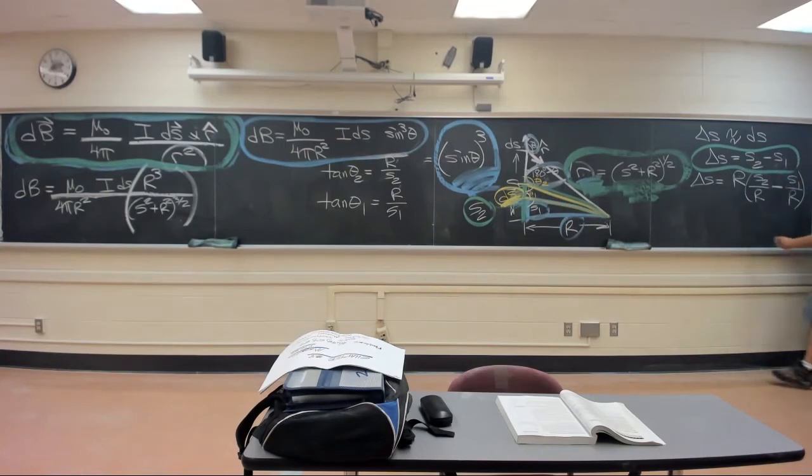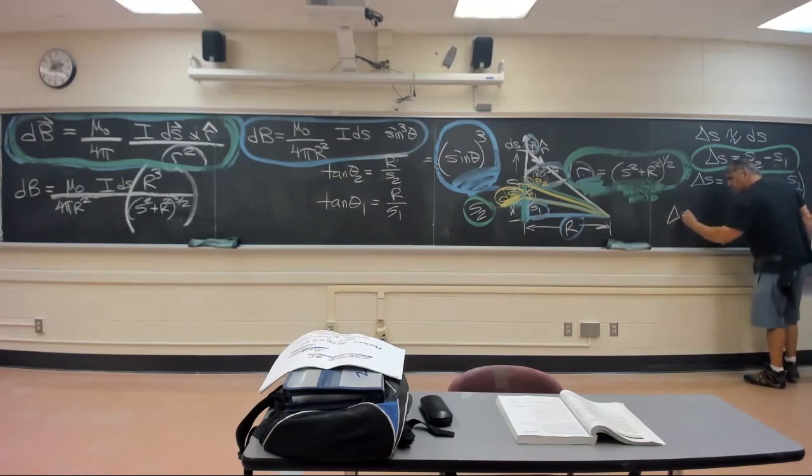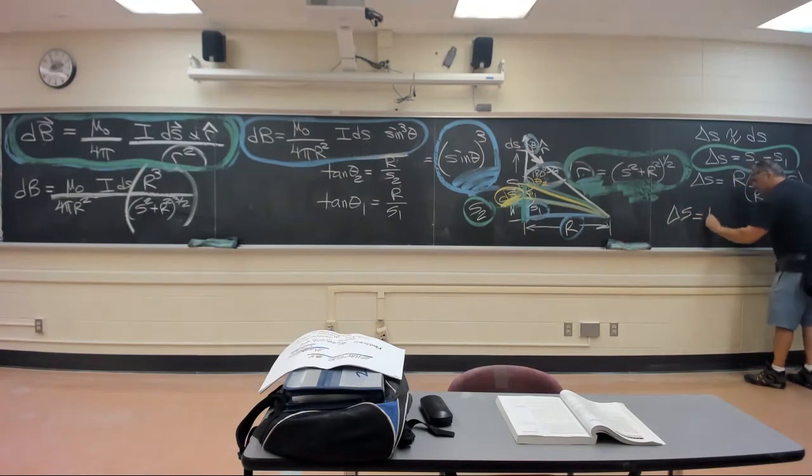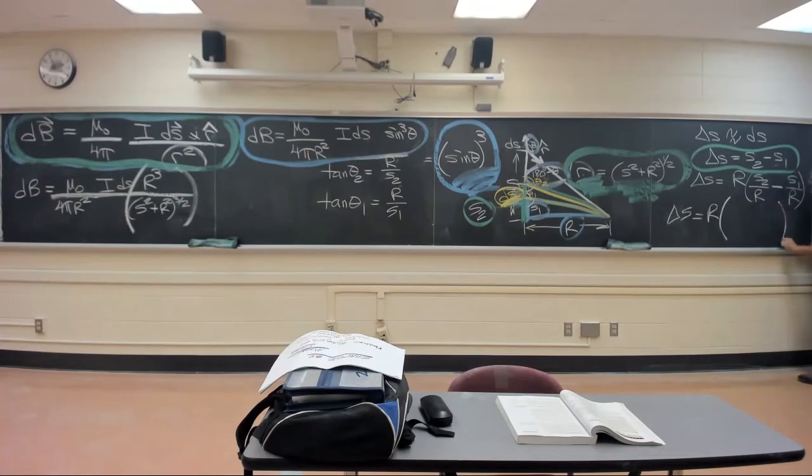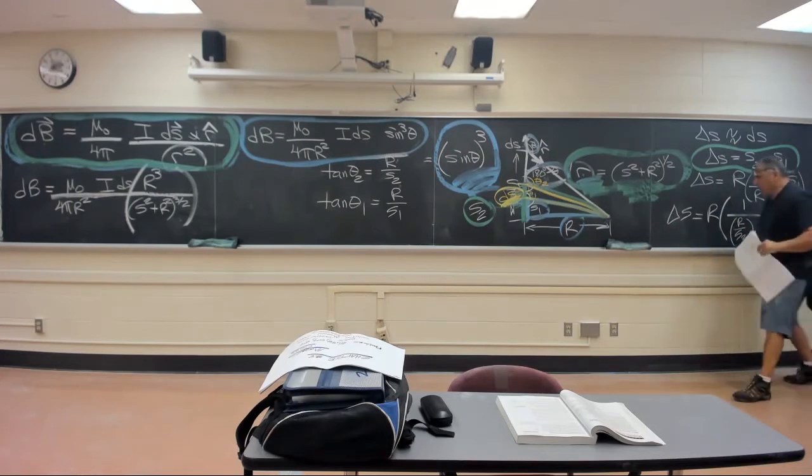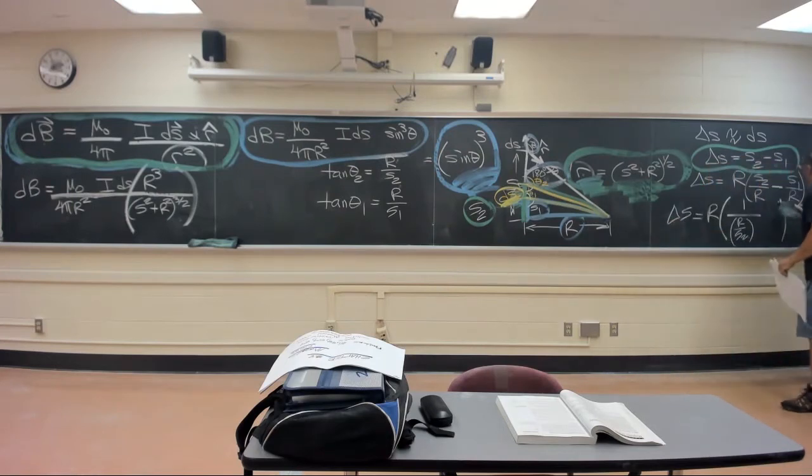Can I ask another question? Here's R. Here we go again. Is S2 over R the same as 1 over R over S2? You're wondering, why is he doing this? Well, you'll see.